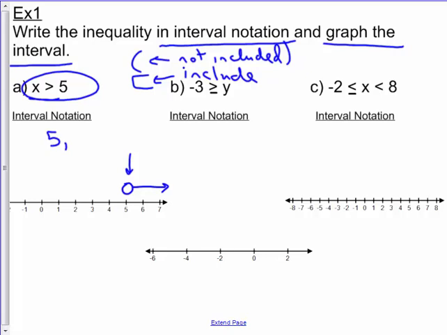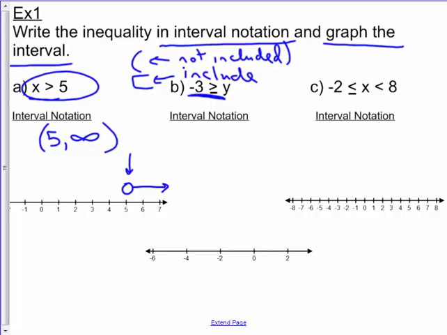And I want to include all the numbers greater than 5: 5, 6, 7, 8, 9, 10, 11, 12, all the way to infinity. So the interval is from 5 to infinity. I use parentheses around the 5 because I can't have 5, and I can never get to infinity, so I'm going to use a parenthesis there.